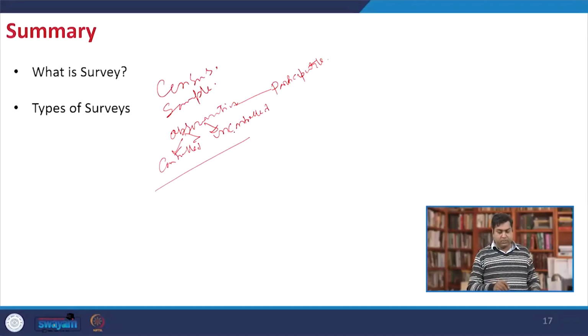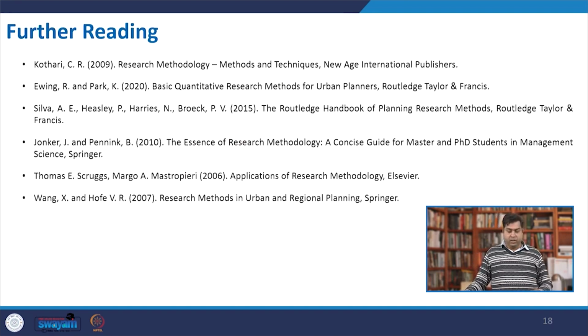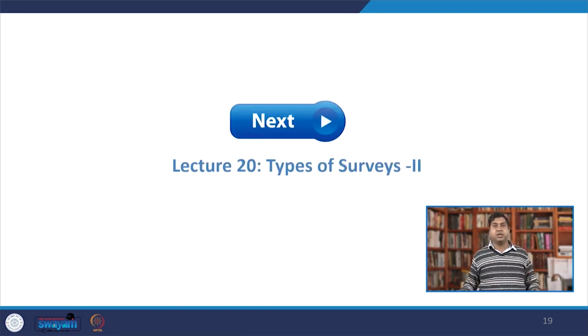Definitely there are a few other types of survey to be discussed, and that is why we will discuss all of them, which are commonly used in our research in planning and architecture, in part 2 of this segment, types of survey part 2. These are a few further readings, and I hope things are clear to you. The other typology we will discuss in our next lecture, lecture number 20, types of survey part 2.